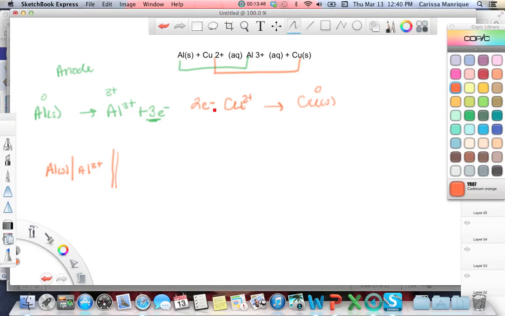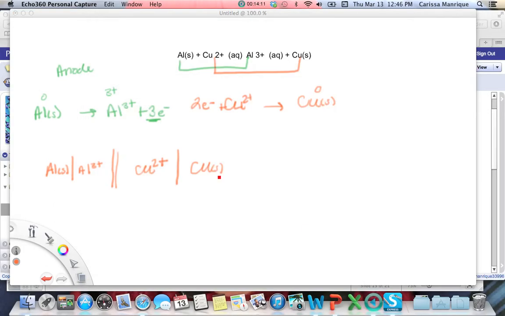You see that? Okay. Now let's look here. 2 electrons here. So if I start writing this in, copper 2 plus, arrow, copper solid.